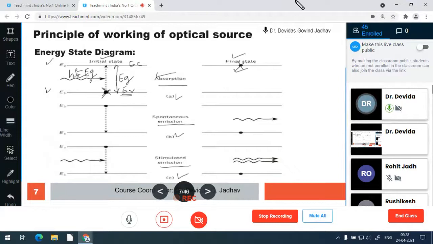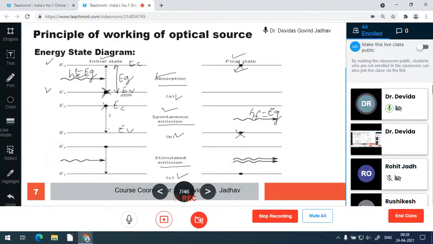So what is the emission then? Initially the electron is in the conduction state, and it jumps from the conduction state to the valence state, giving out a photon of energy HF, which is equal to the band gap energy. It releases an amount of energy equal to the band gap energy.